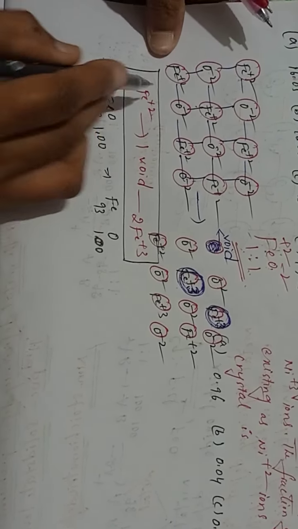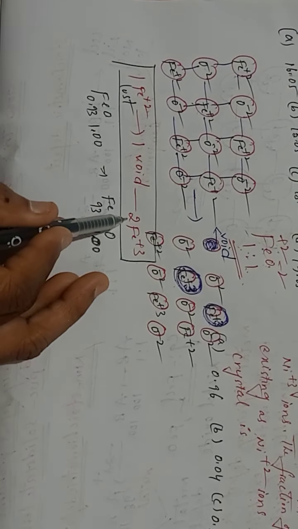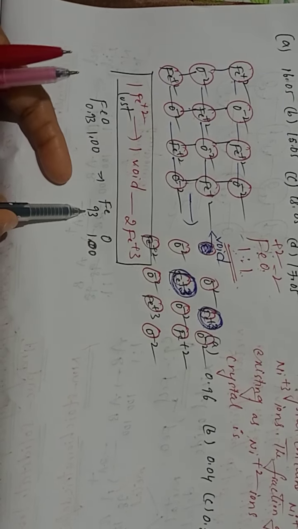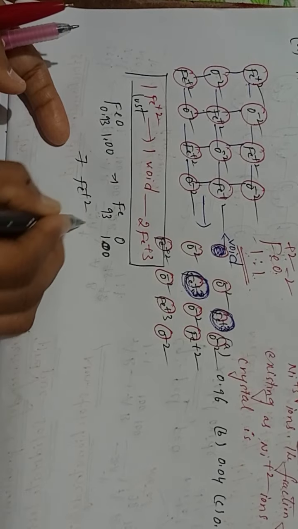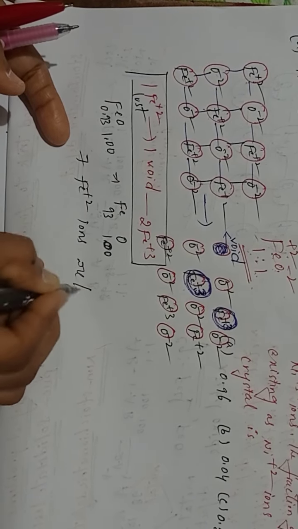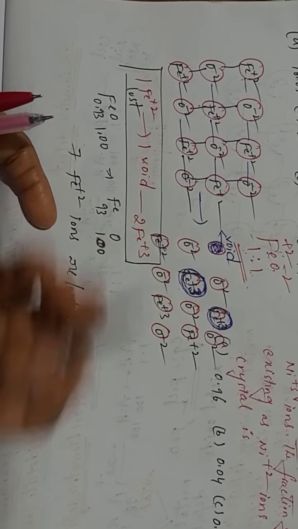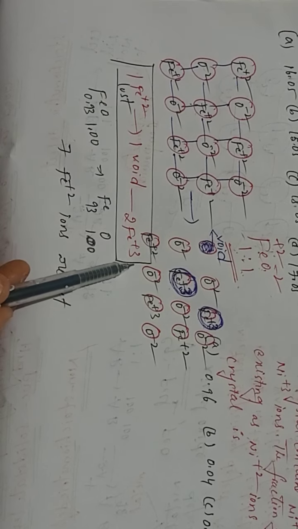Actually, 1 Fe plus 2 ion lost means, okay, now how many Fe plus 3 ions are created in the crystal? 2 Fe plus 3 ions are created. But here how many are lost? 7 Fe plus 2 ions are lost. Each one is creating 2 Fe plus 3 ions.